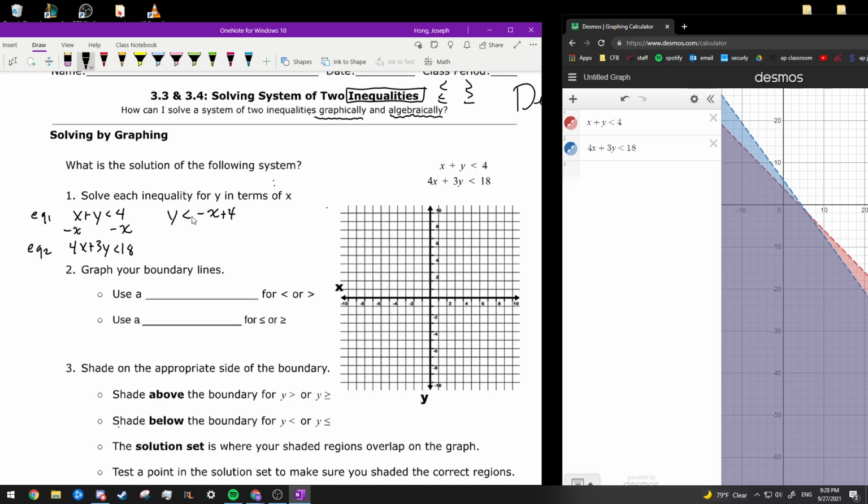I'm going to move the 4x over, so 3y is less than negative 4x plus 18. When I divide by 3, I have y is less than negative 4 over 3x plus 6.